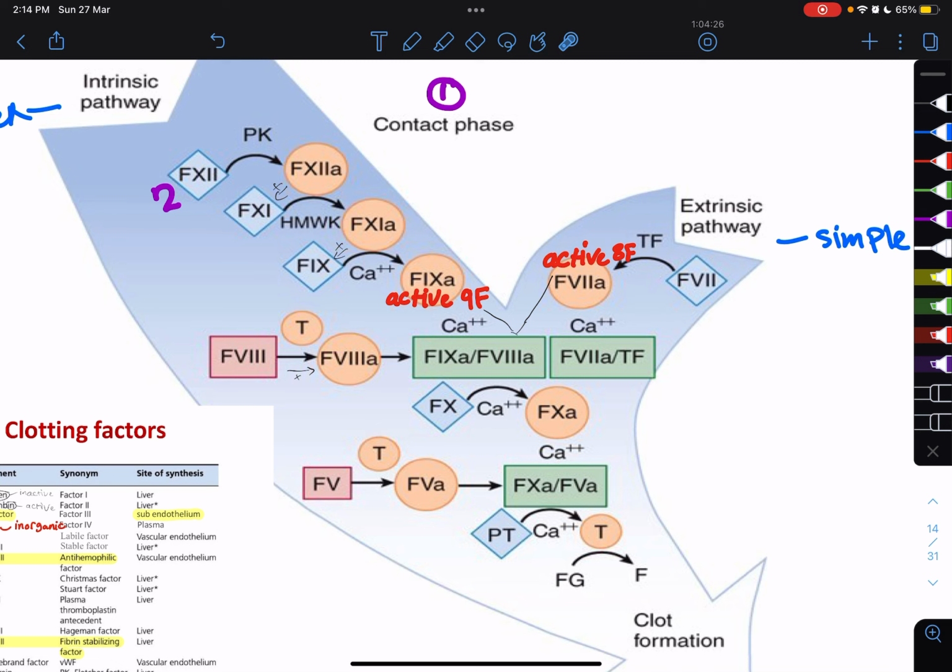So now you see factor 10, 10A. Factor 10A, factor 5A, and calcium: this complete complex, which has factor 10A, which also attaches factor 5A, which also attaches calcium, becomes a special activator. We have given it a special name, and we call it prothrombin activator. This works on prothrombin and will convert prothrombin into thrombin.